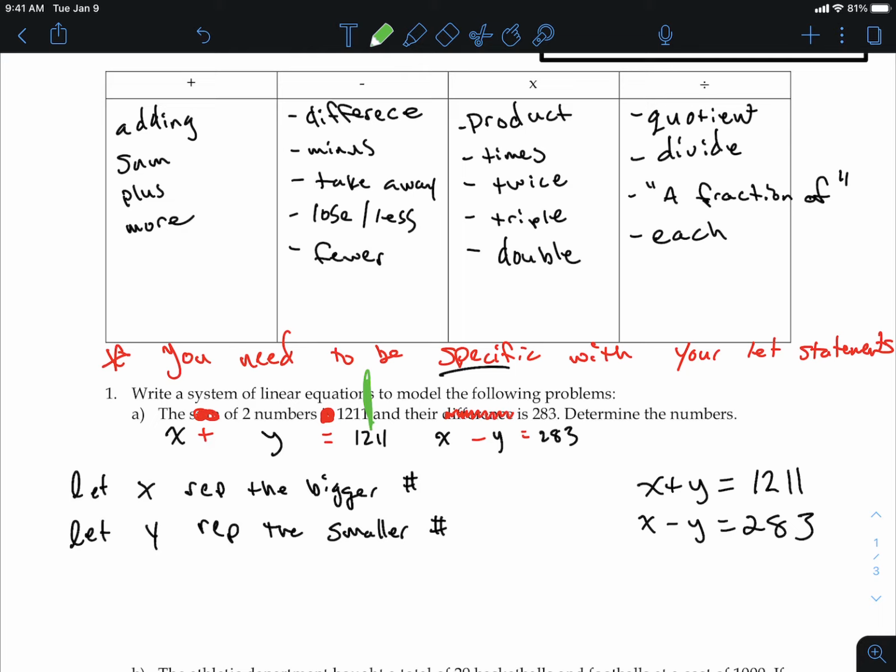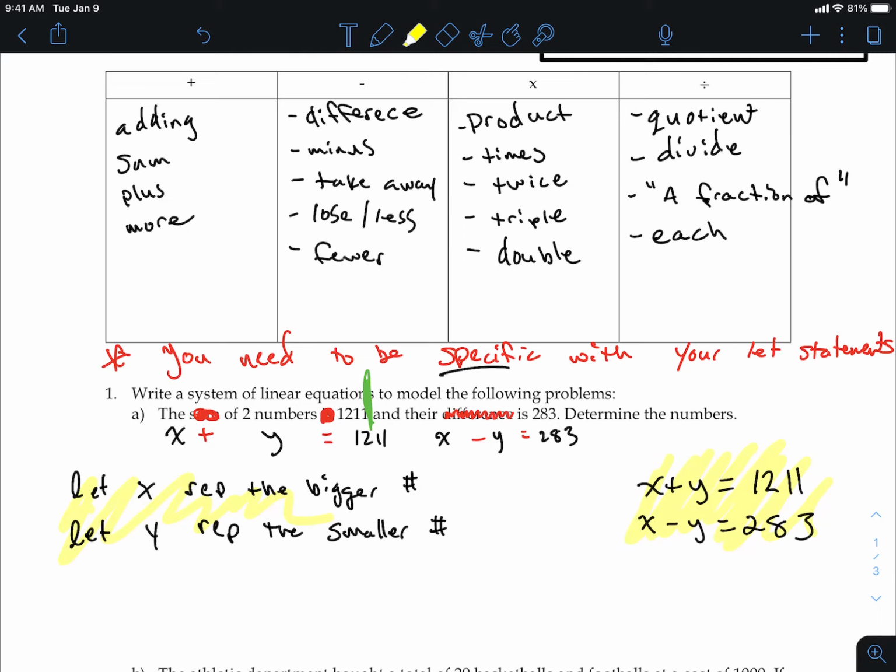You could add the two equations together, eliminate y, and solve for x. That would be the first number, and the second number would be y, the smaller one. You could just go through the motions that we've been working on for the last few days, okay? Again, that's not necessarily the point of this lesson. We're going to do that anyway once we start doing these questions. We just want to be able to come up with these equations and the let statements.